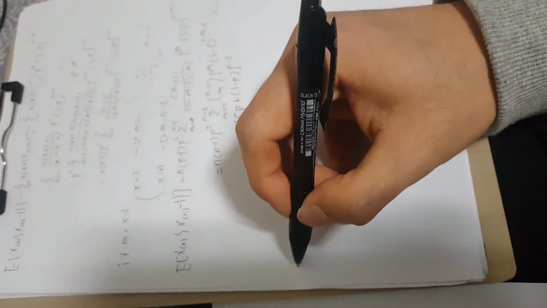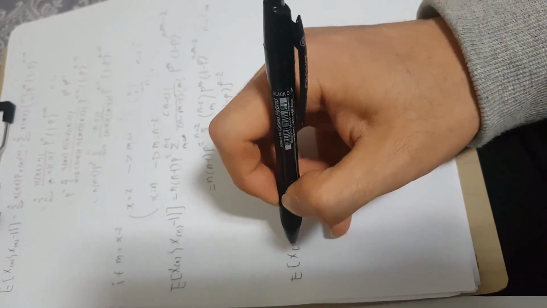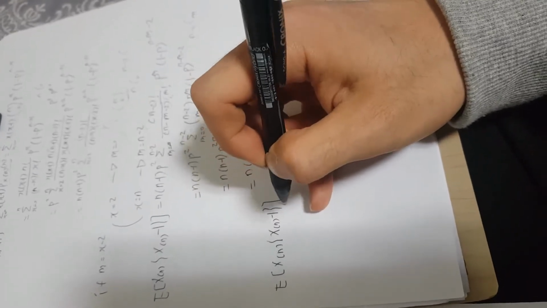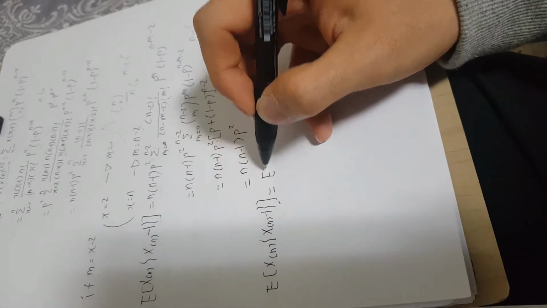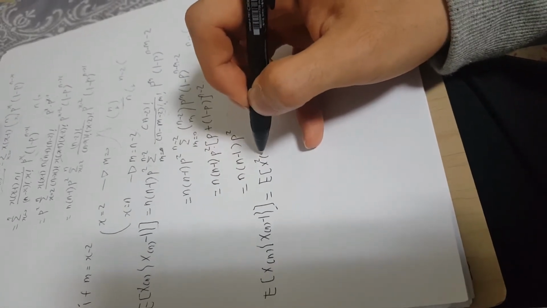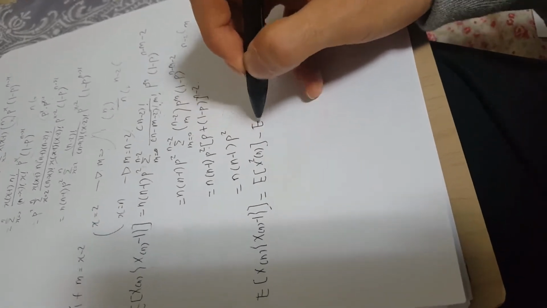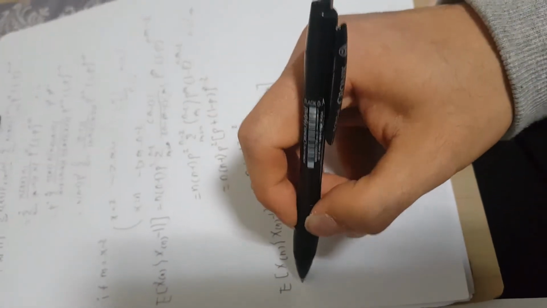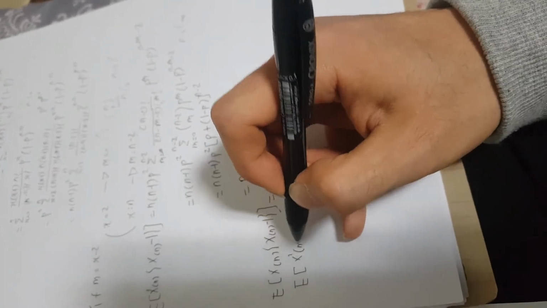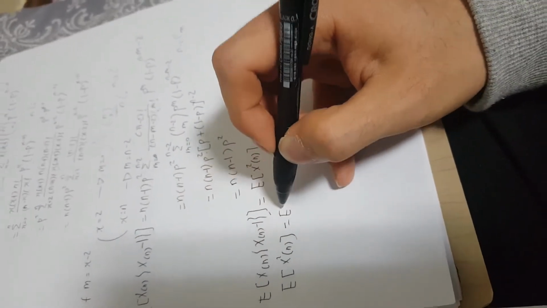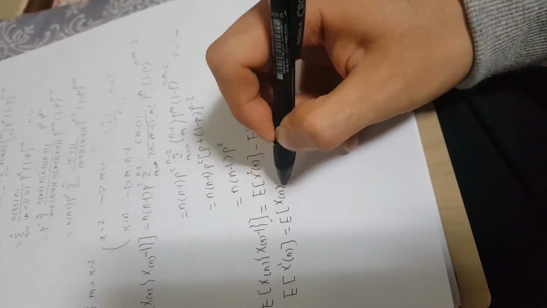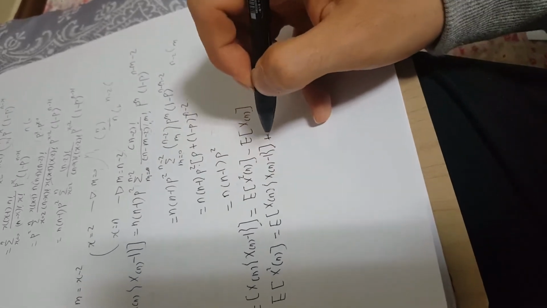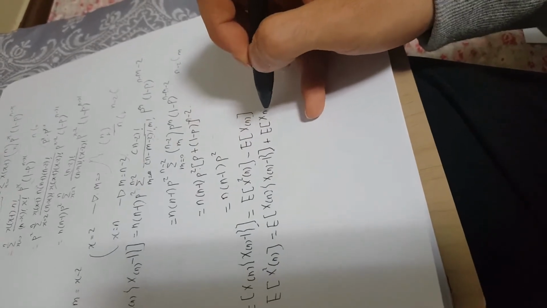We know that E[X_n(X_n - 1)] = E[X_n²] - E[X_n]. So E[X_n²] = E[X_n(X_n - 1)] + E[X_n].